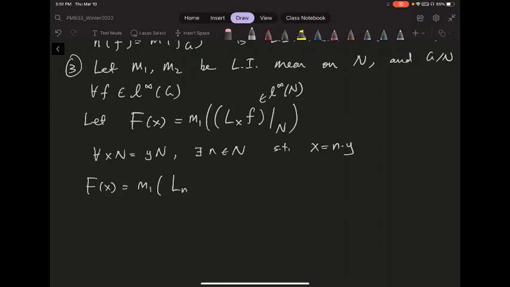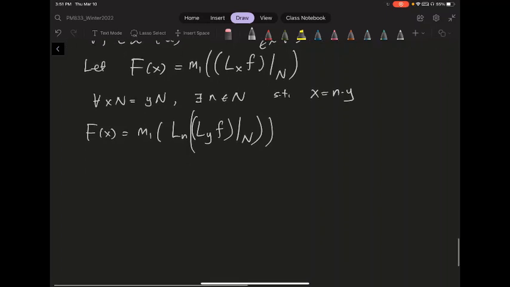So it's L_n L_y of f restricted to N. You can pretend this is the L_n of this restricted function because n is already inside the normal subgroup N. Because your M1 is left invariant, this left translation by n just disappears. So this is M1 of the L_y of f restricted to N, which is just equal to the big F of y. So essentially your function, this big F, is going to be constant on each of these cosets.